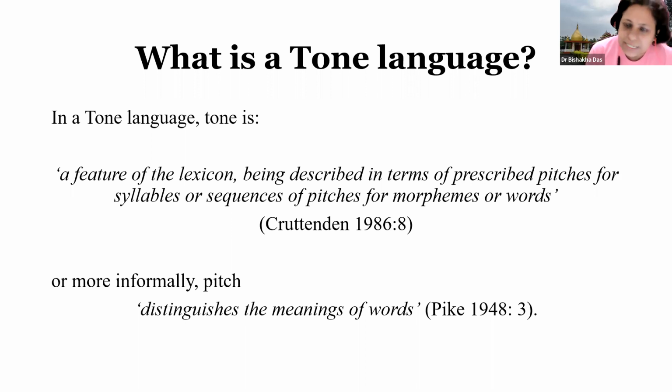So this is just an example, and we'll come to more examples. We see tonal languages in major East Asian languages such as Mandarin, Vietnamese, Burmese, and then Thai Kadai languages. We see tones.